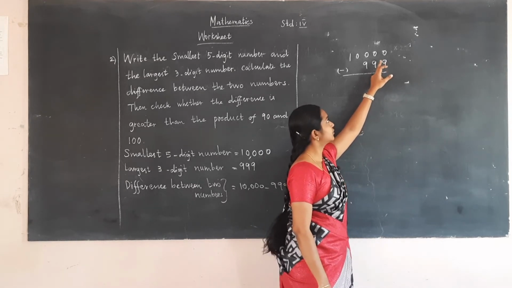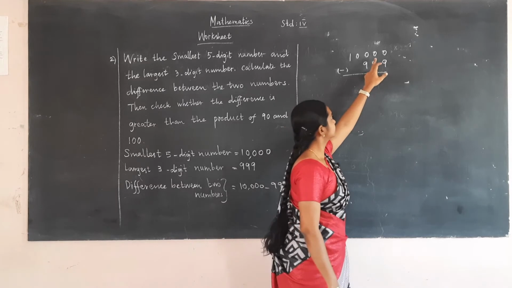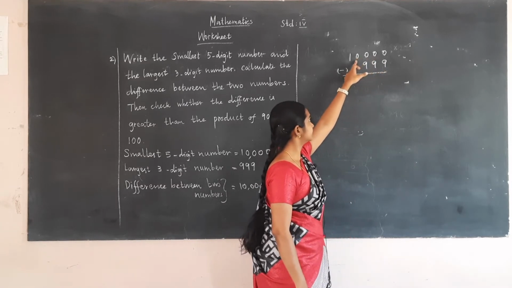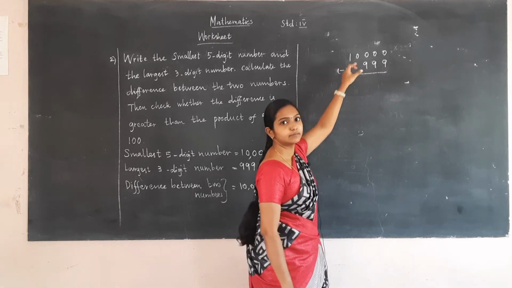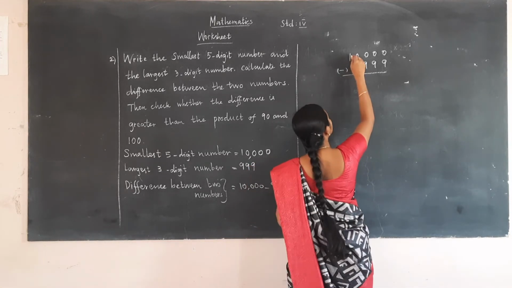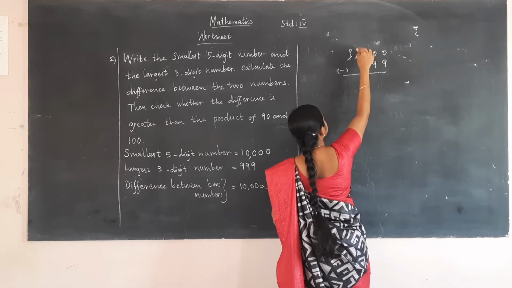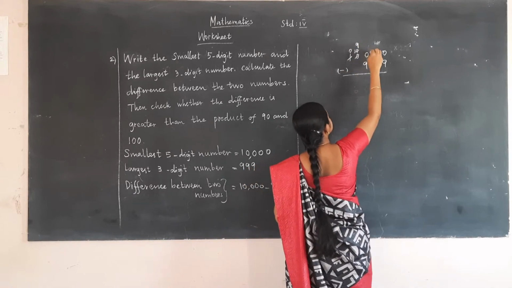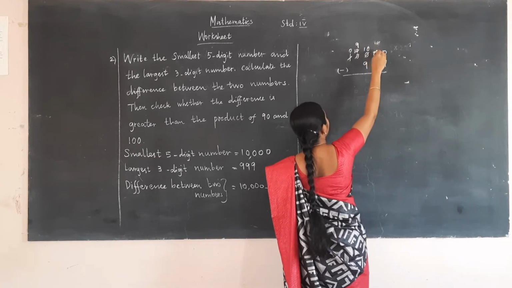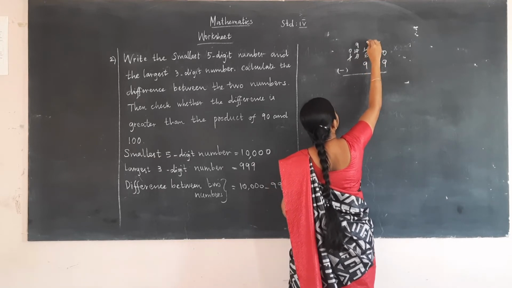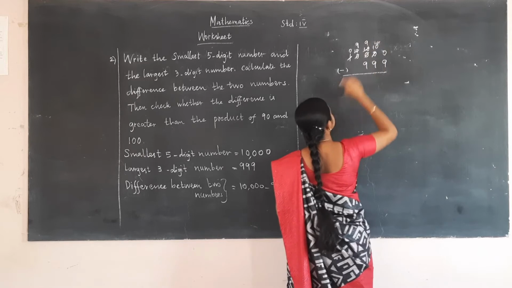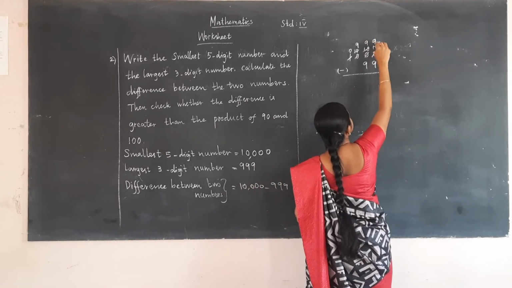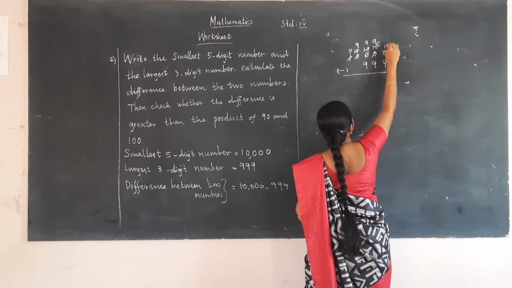So we have to borrow from the previous number. We have 3 zeros, so borrow from 1. So 1 will be changed to 0 and 0 will be changed to 10. Borrow again: 10 will be changed to 9, 0 will be changed to 10. Borrow again: 10 will be changed to 9, 0 will be changed to 10. Borrow again: 10 will be changed to 9, 0 will be changed to 10.